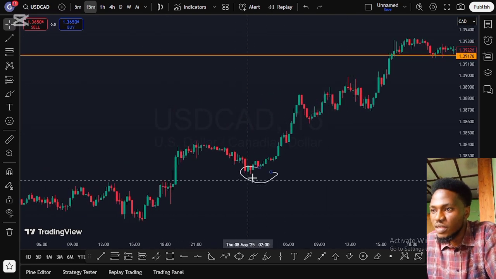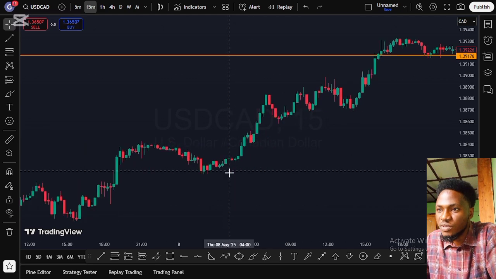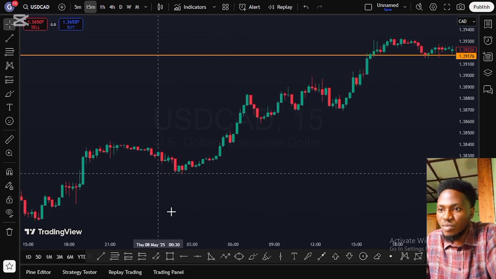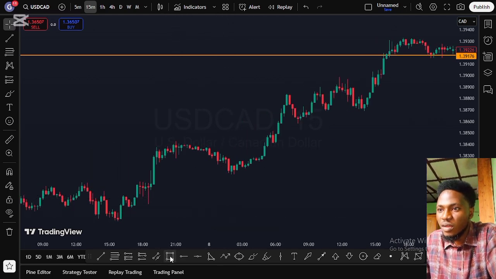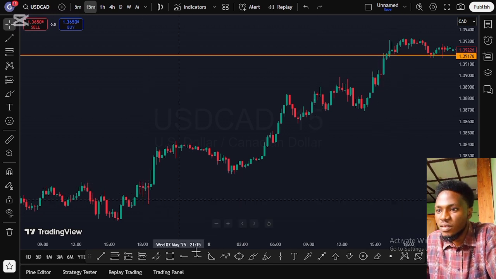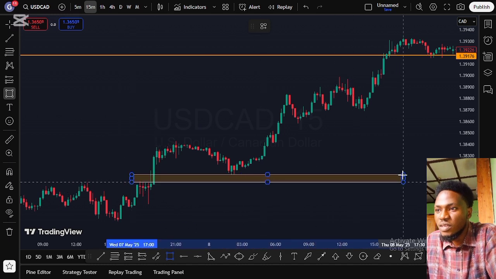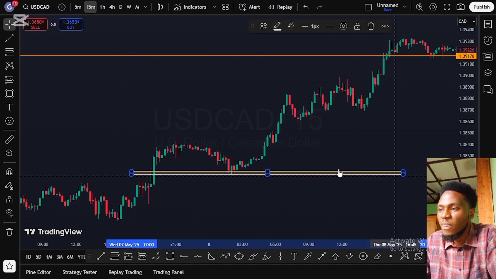Since we're here now, I can take this out. So what do you see here now? Good rejections. You can see the candle was unable to close outside the zone, which is here. The candle is unable to close outside of it.